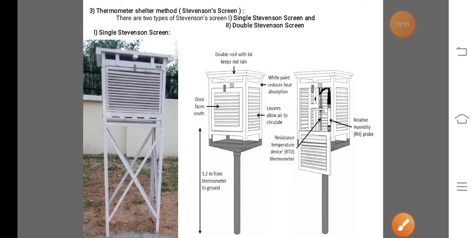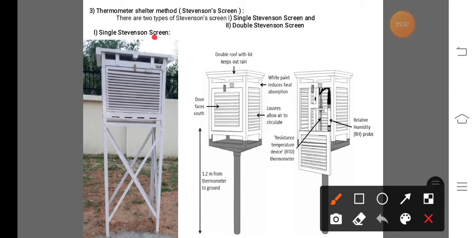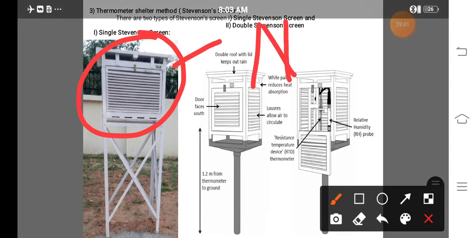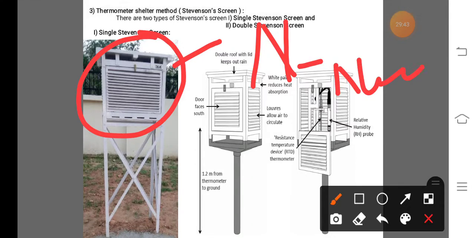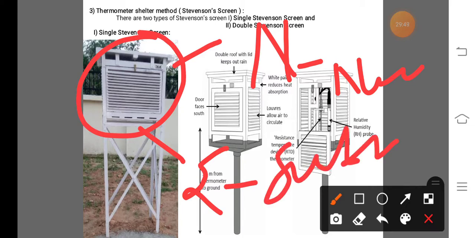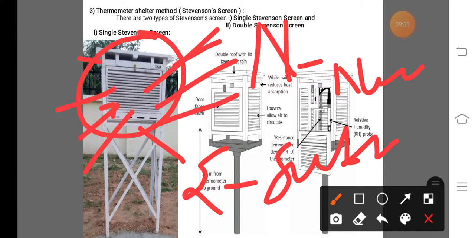This single Stevenson screen is always kept with its face in the northern hemisphere towards the north, and in the southern hemisphere towards the south, to avoid the impact of radiation on the thermometer while recording the temperature.